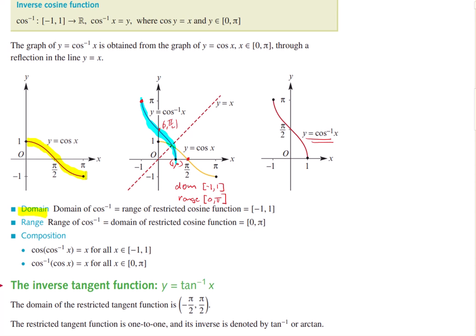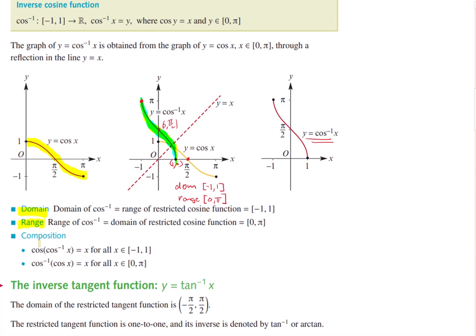And you can see its range there is from -1 to 1. For the range, it was obviously whatever the domain of the cosine function was. So the domain of the cosine function to make it 1-to-1 was 0 to pi. So therefore, that becomes the range. I'll go over it, highlight again. So that becomes the range of the cos to the minus 1 graph.